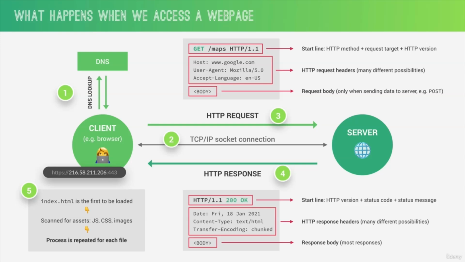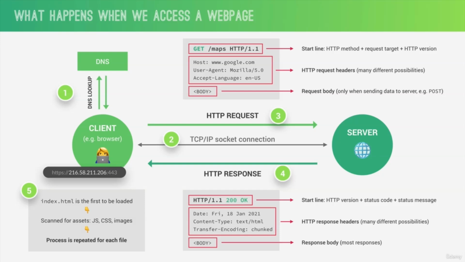That file will then get scanned for all the assets that it needs to build the entire website, like JavaScripts, CSS files, image files, or other assets. And for each of these different files, the browser will then make a new HTTP request to the server. So basically, this entire back and forth between client and server that I just explained happens for every single file that is included in the website.